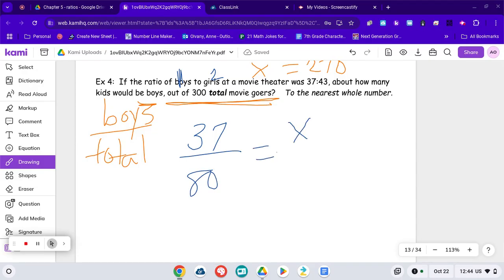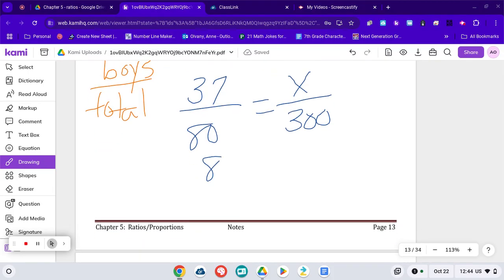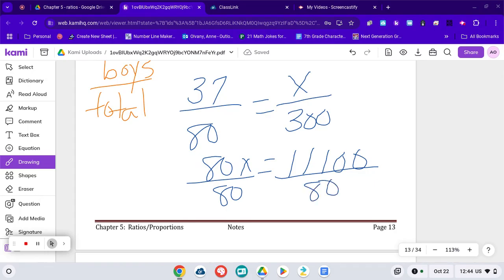How many boys would that be out of 300 moviegoers? Cross multiply, 80x equals 300 times 37, which is 11100. I don't use commas when I'm calculating because they tend to look like ones or something weird, so I just leave them out. And this is 138.75. That 5 would tell this to go up to 8.